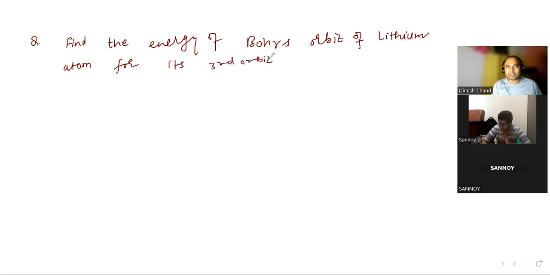This is what they are asking. Sir, the formula you gave, minus 13.6 into Z square by n square eV, is for one electron species only, like hydrogen-like species. Lithium ion, then. Yes, lithium ion, that's what I am saying. Third orbit of the lithium ion, sir, means Li will be 2 plus.